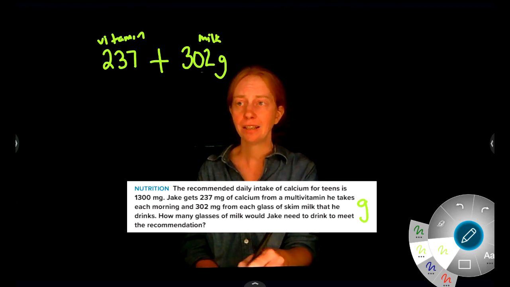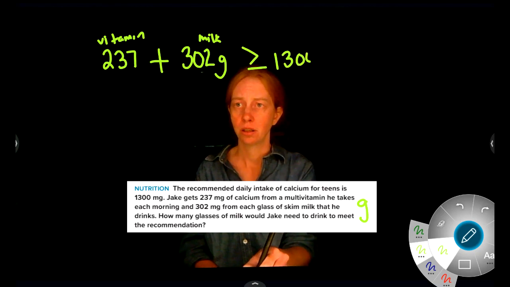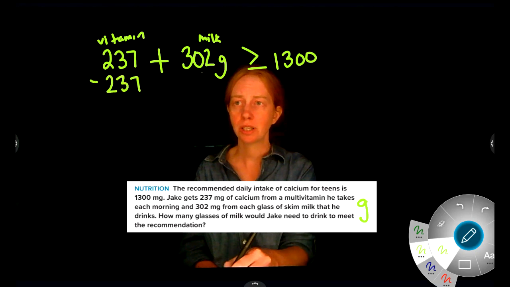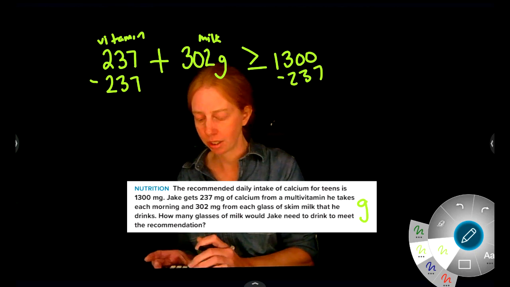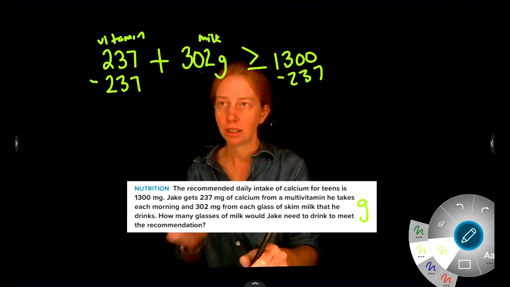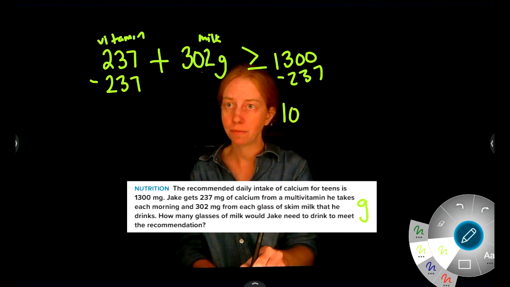And we need that number to be greater than or equal to 1,300. So we want to figure out what number of glasses makes this inequality work. So let's start by subtracting 237. So 1,300 minus 237 is 1063.